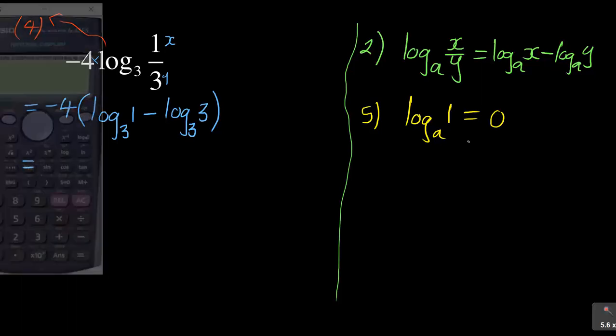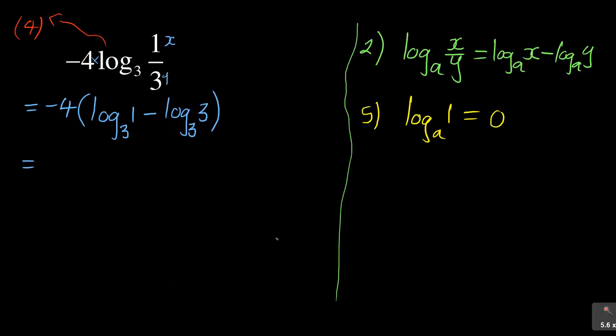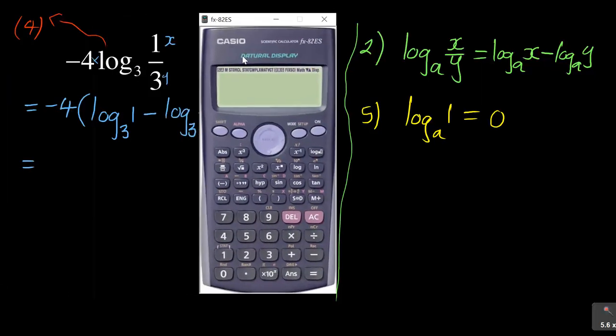Let me show you with a calculator. For example, I can say log in base 2 of 1, I'm getting a 0. I can say log in base 58 of 1. The moment I say log 1, whatever base, it will still give me a 0. So here also, you can see that I have log base 3 of 1, so I can actually write it as 0.